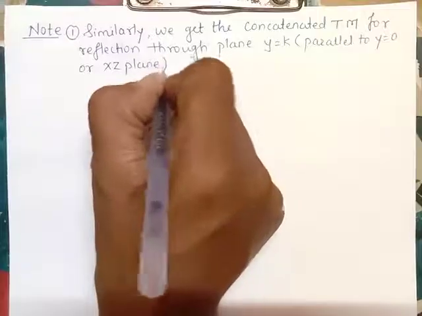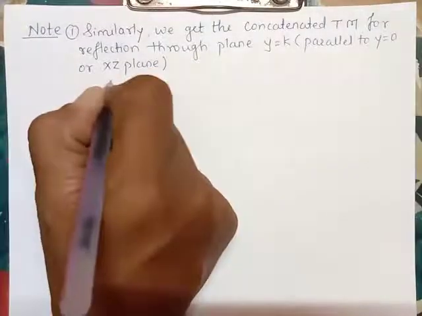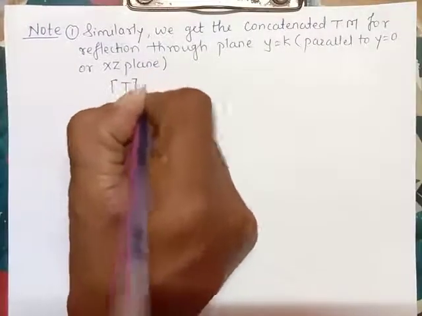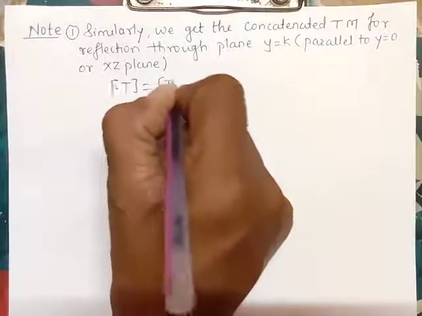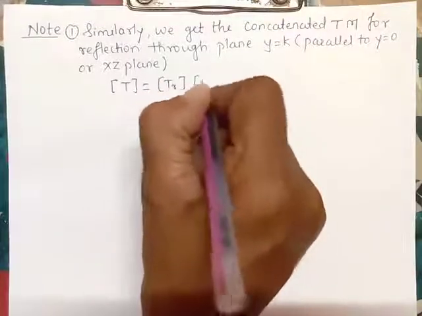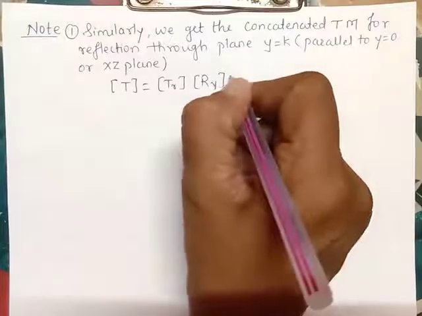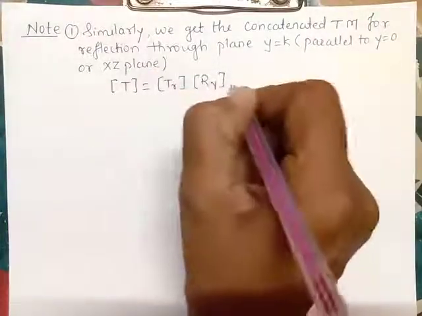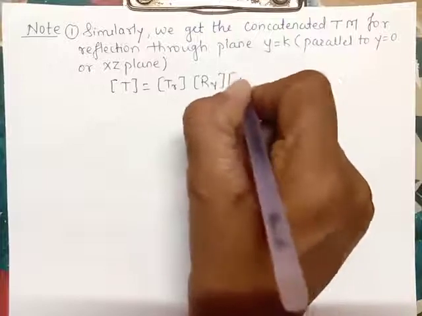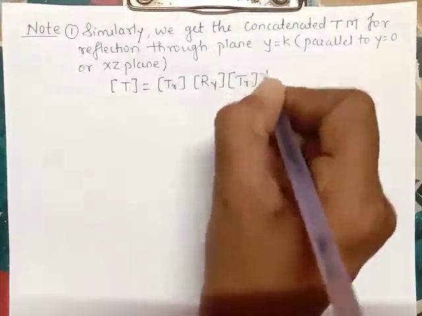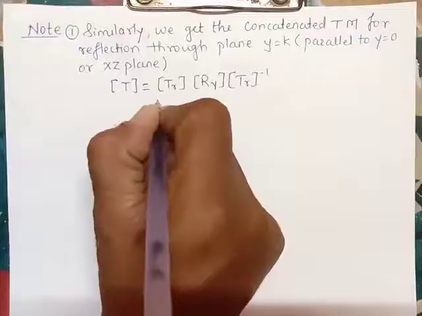That concatenated transformation matrix will be translation, then reflection through Y equal to 0 or XZ plane basically, and inverse translation. How can we write those matrices?